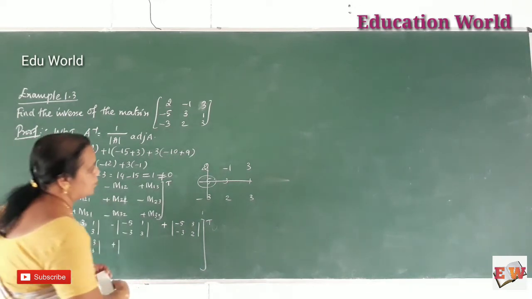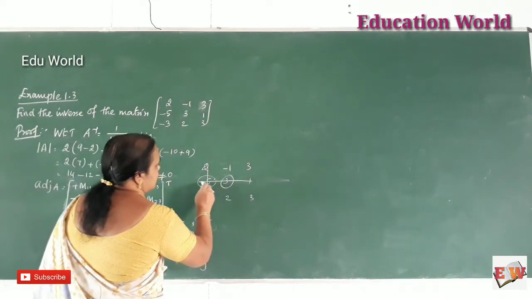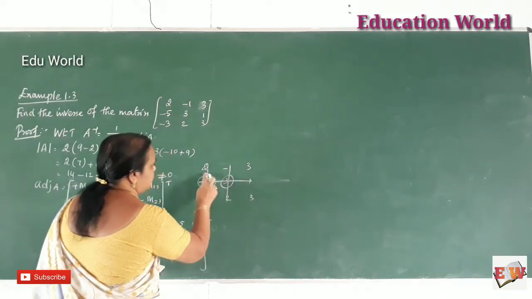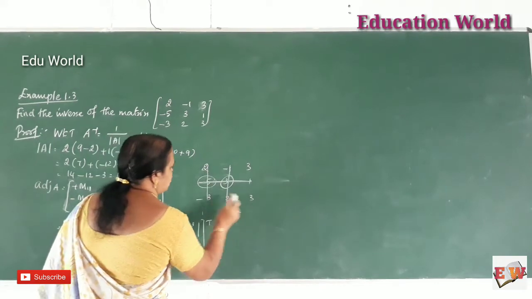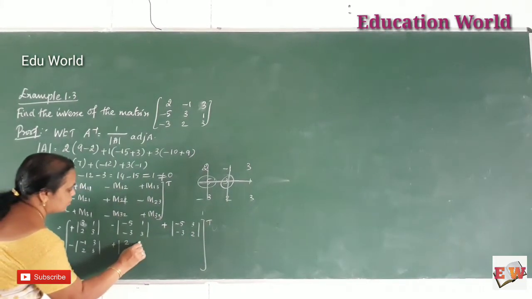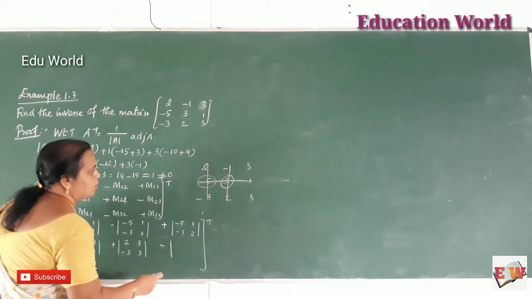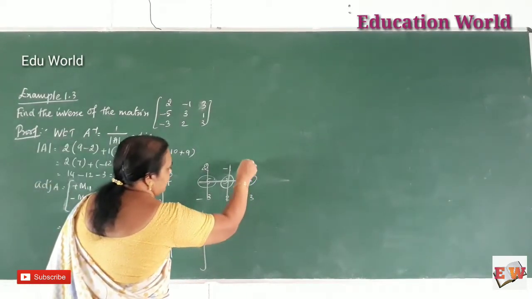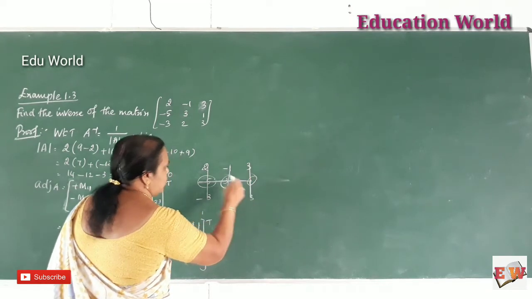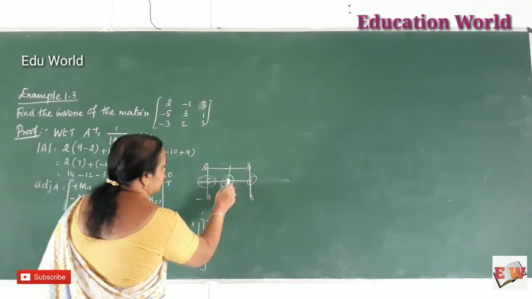Plus, for this 3, deleting this row and this column, we get the submatrix 2, 3, minus 3, 3. For this one, we have to delete this column and this row: minus 5, 3.